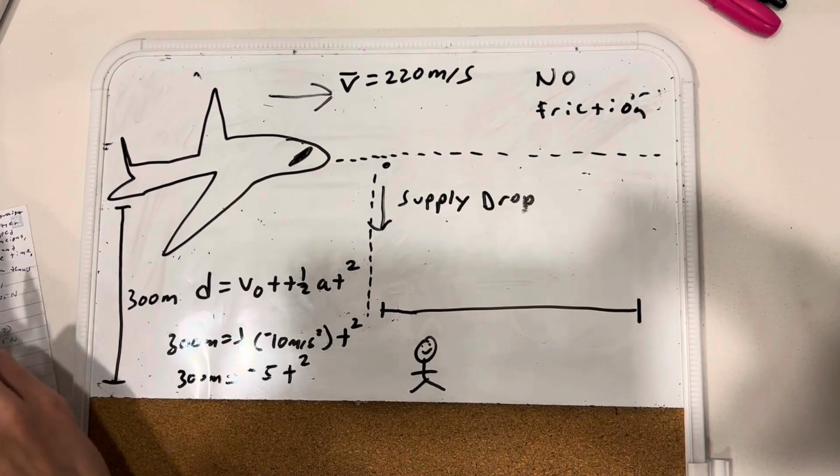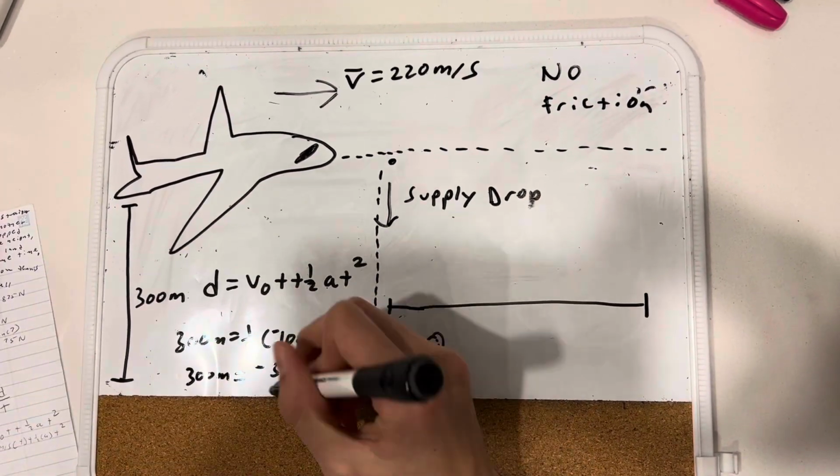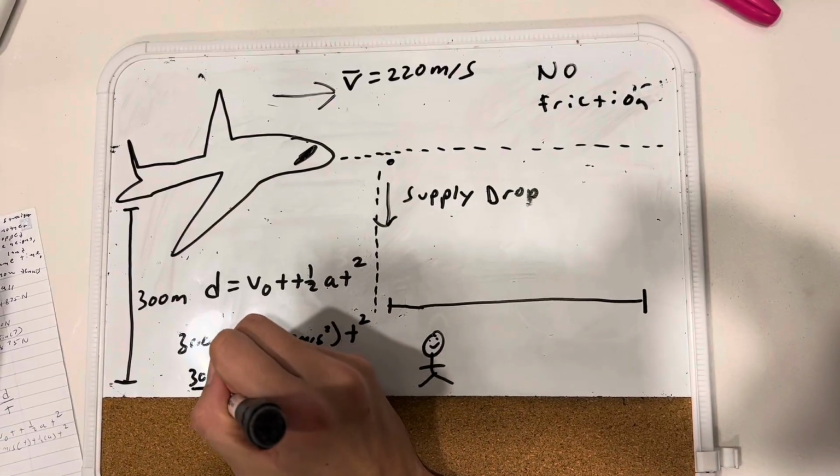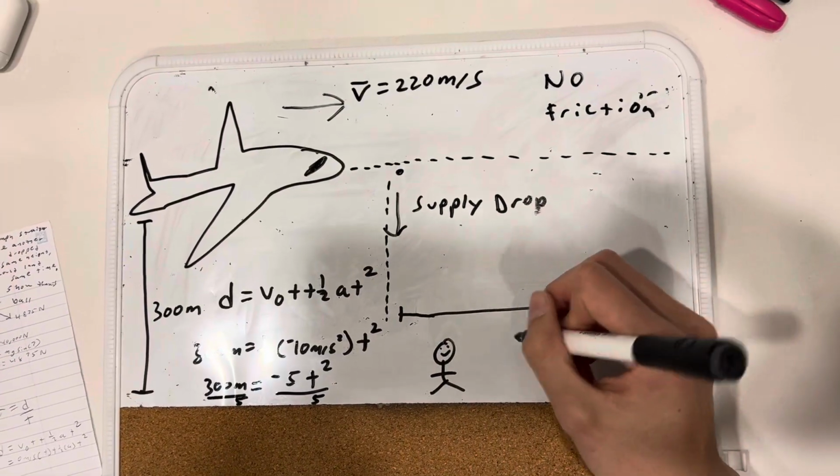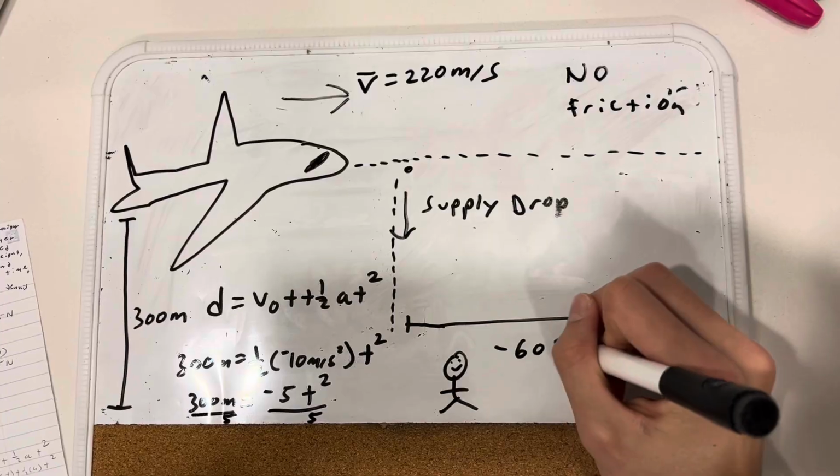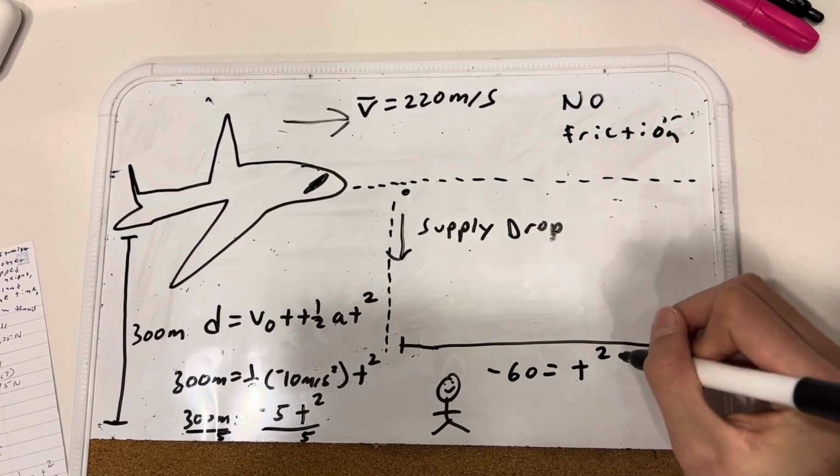And then you divide -5 over on both sides. That's going to give you, I'm going to continue over here, -60 equals t squared.